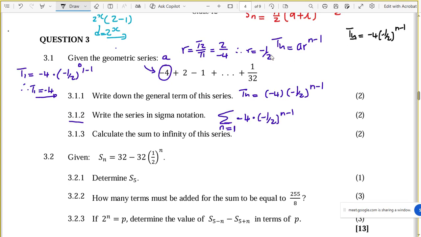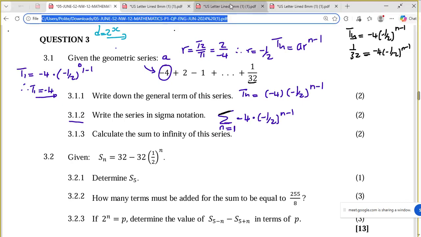We know the last term, so we can equate that and solve for n, because on top here we need to put the number of terms. So this will be 1 over 32 equals -4 into -1 over 2 to the power n minus 1. Let's work on that and find n. The n that we get is the one we're going to put on top.